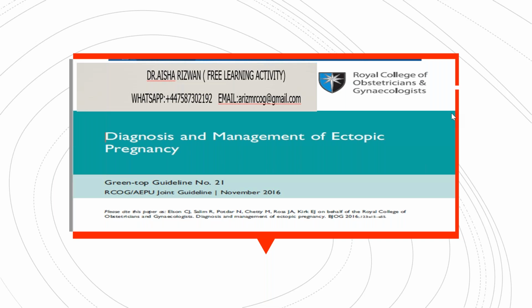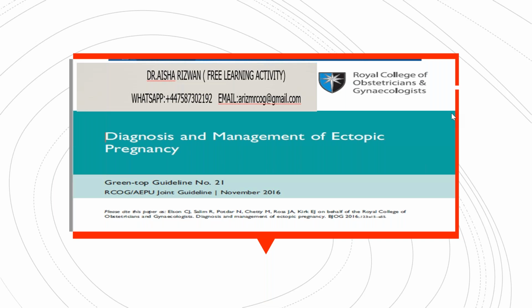The level is not decreasing, or the increase is less than anticipated. So repeat the TVS, as I mentioned earlier, and if they still fulfill the criteria for methotrexate, give them the second dose. And if the beta hCG decreases by greater than 15%, then you repeat the serum beta hCG weekly until it becomes less than 15 international units.